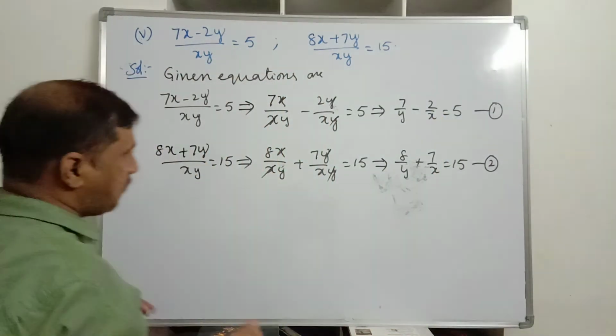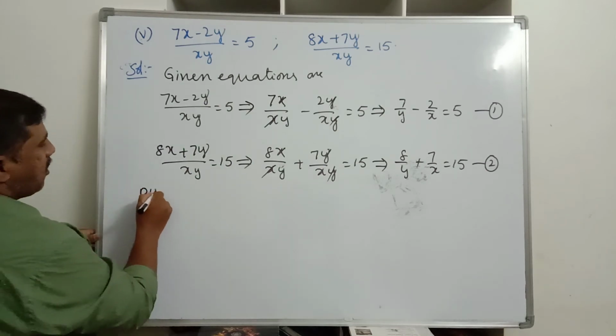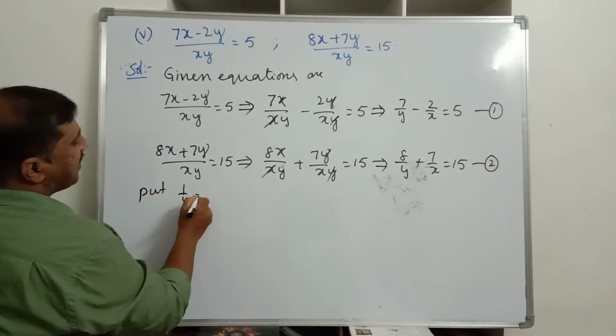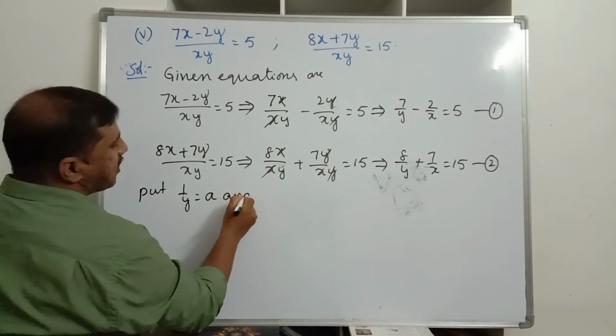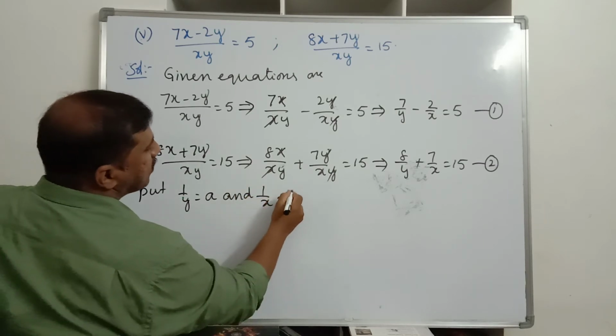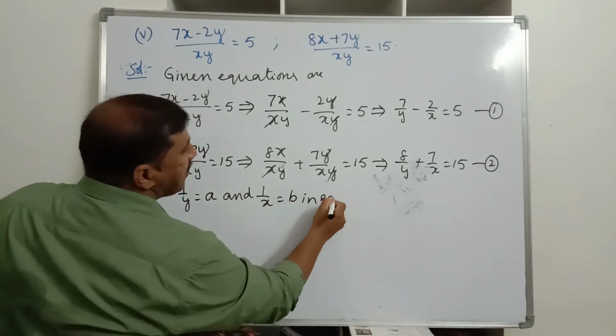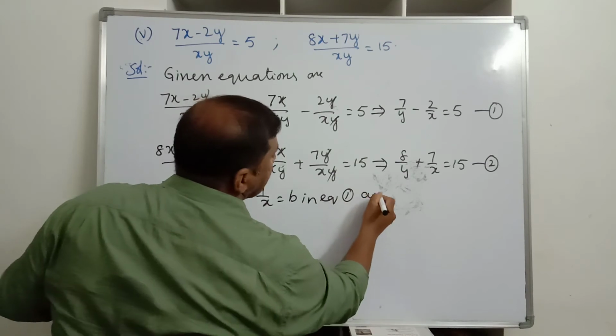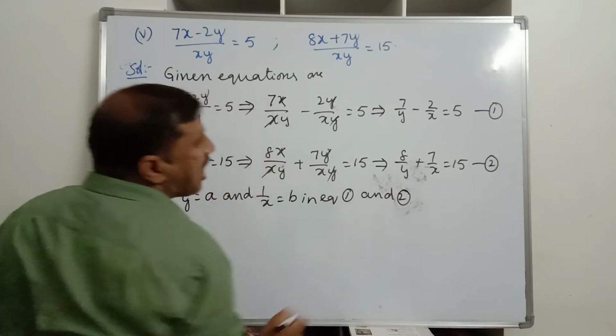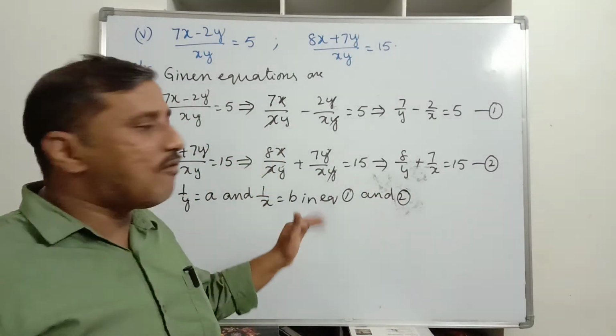So put 1 by y is equal to a and 1 by x is equal to b in equation 1 and equation 2. So here what are the common factors? 1 by y and 1 by x.